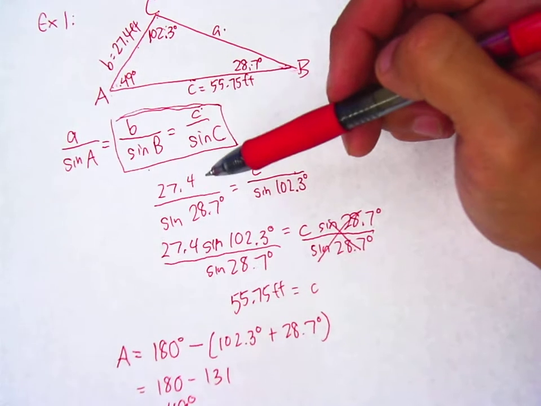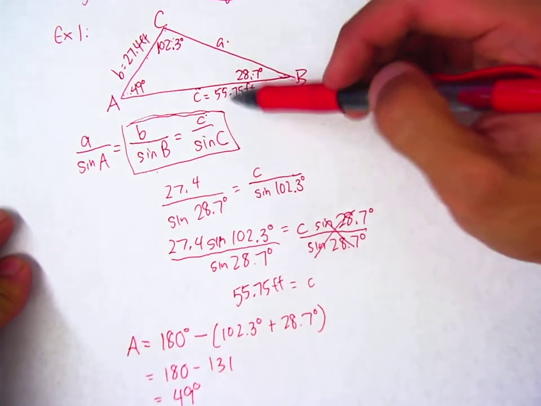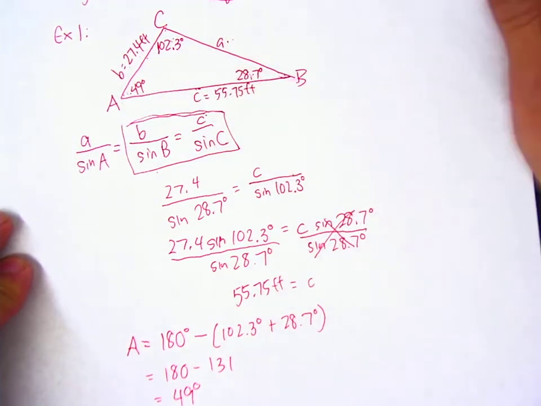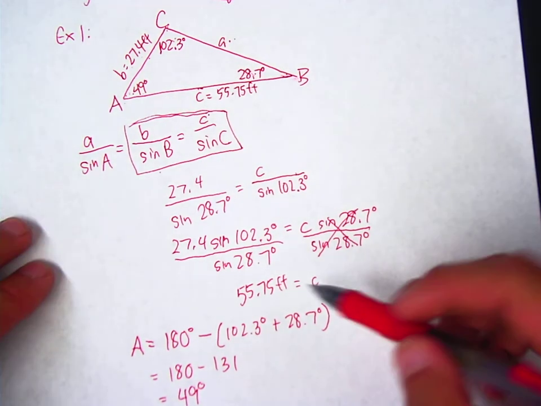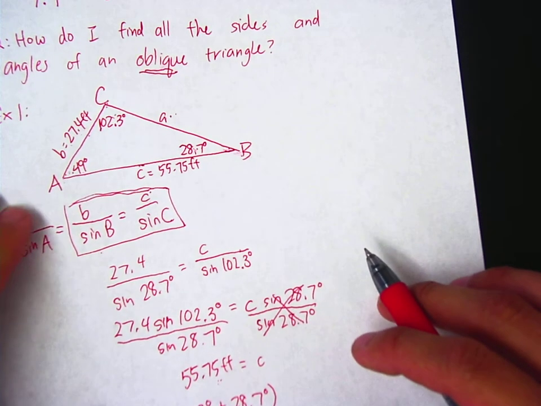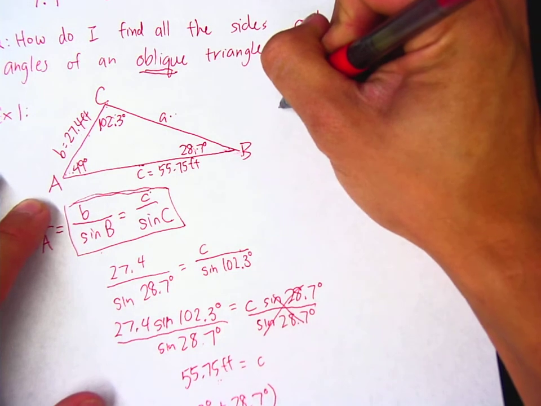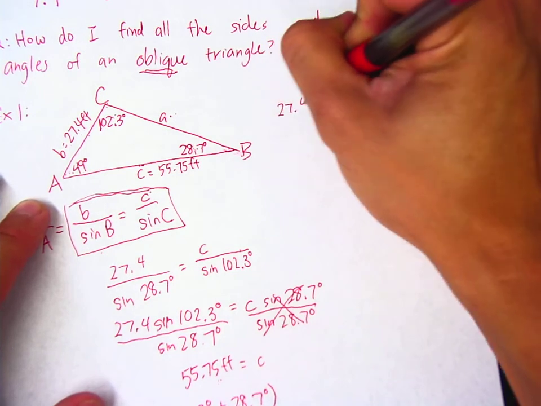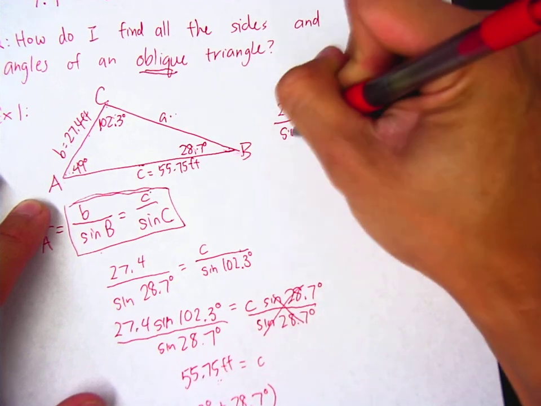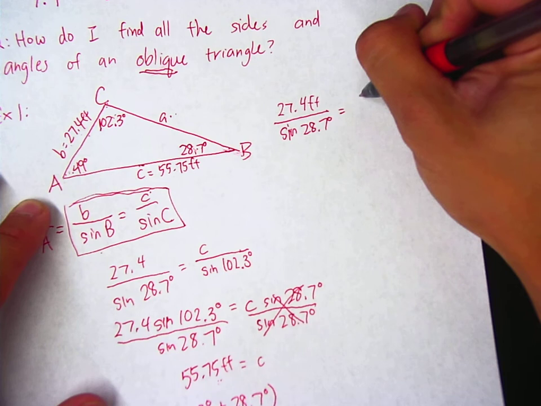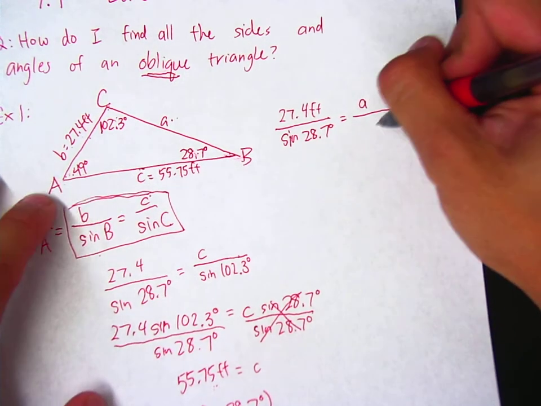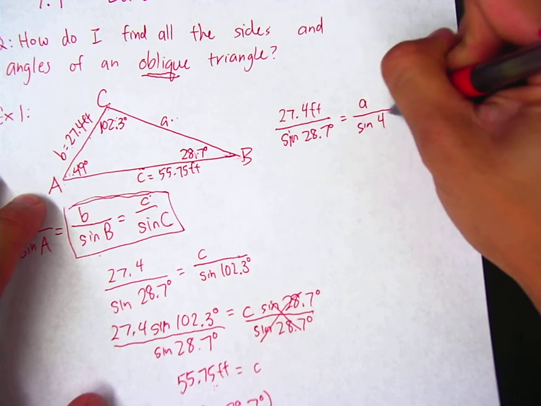So here's what I would do to find side A. I would probably use the given information, so I use B and sine B and A, instead of C, because I actually rounded the value of C. So in order to find side A, I'm going to do B over sine B, so it'll be 27.4 feet over sine of 28.7 degrees equals A, which I don't know, over sine of 49 degrees.